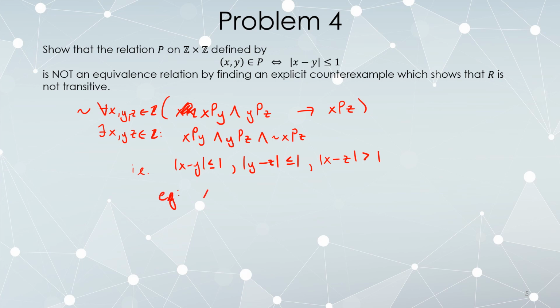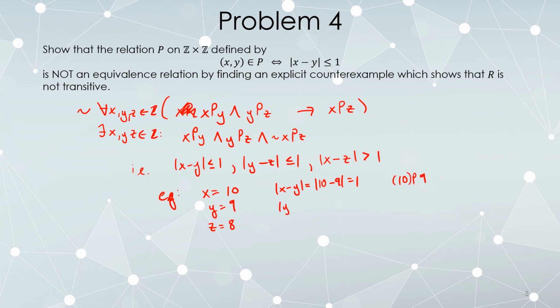all we've got to do is, for example, pick a number for x, 10. Let y be 1 smaller than that and z be 1 smaller than that. Then the absolute value of x minus y is the absolute value of 10 minus 9. That's just 1. So 10 is related to 9.